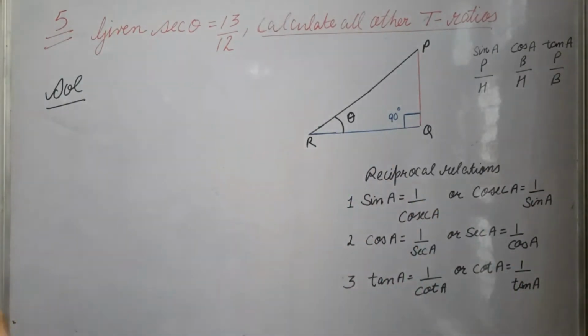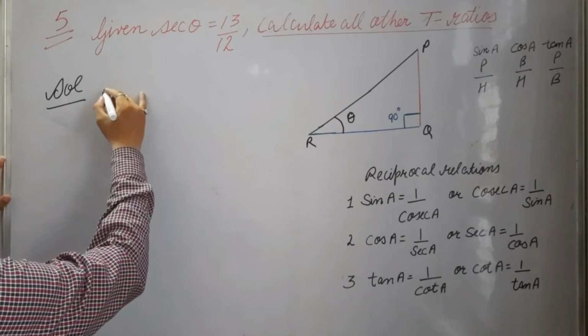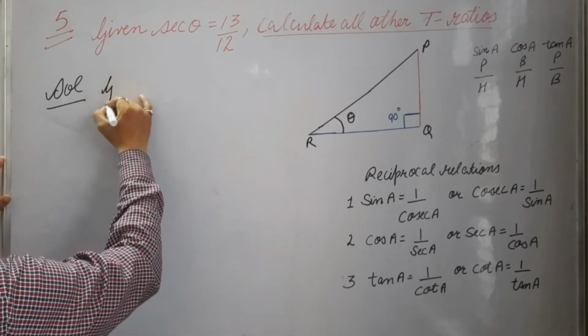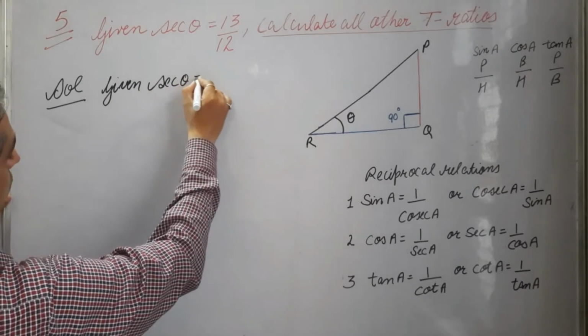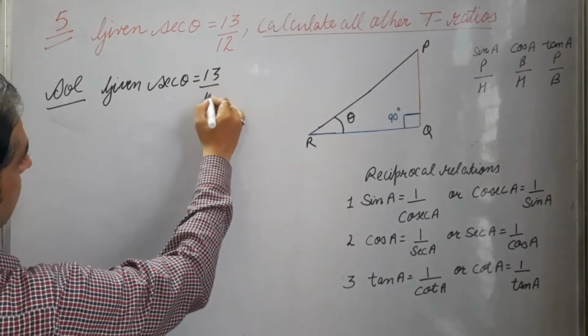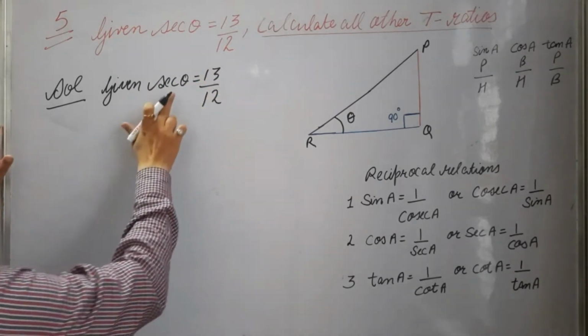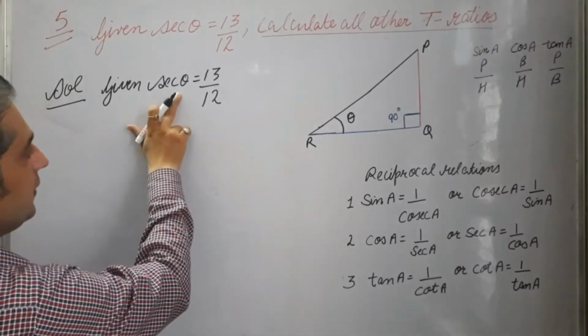So given that secant theta is 13 by 12, what is the meaning of secant theta? This is an angle of reference.